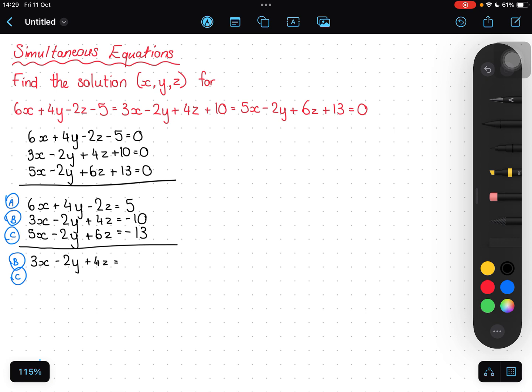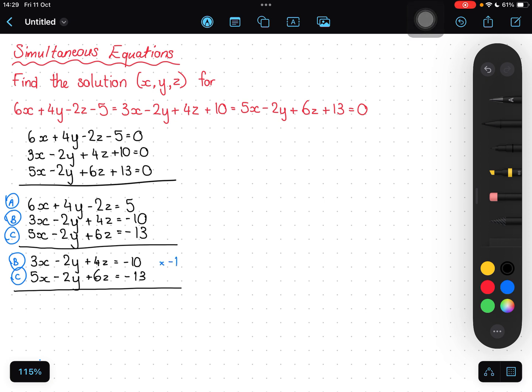Now if you were in my junior cert class, you might be comfortable enough to have the same number with the same signs and subtract one line from the other. If not, some of you said you prefer working with these when the number in front of the y has opposite signs so that you can add the lines. That's fine. Choose a line now to multiply by a minus 1.